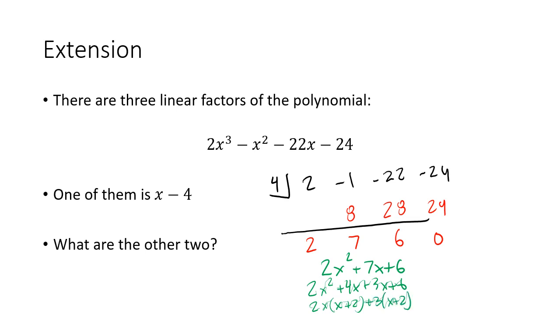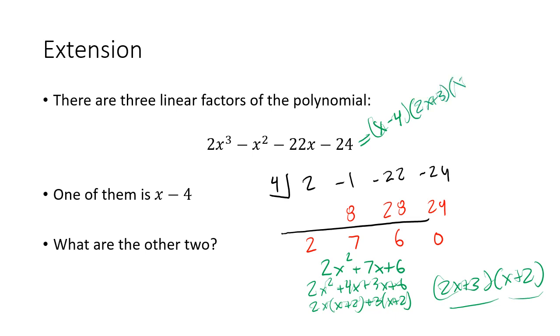So this factors to 2x plus 3 times x plus 2. So if I wanted to know what the other two factors are, well, it's this one and this one. So this polynomial could just as well be written as x minus 4, that's the original one we had, times these new two that we just came up with, 2x plus 3 times x plus 2.